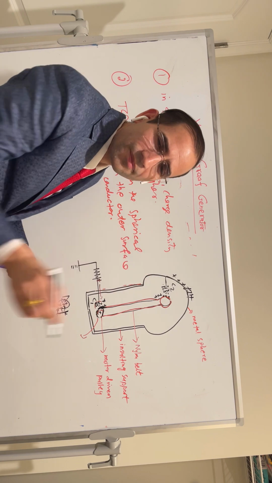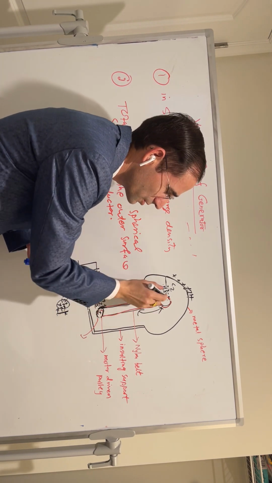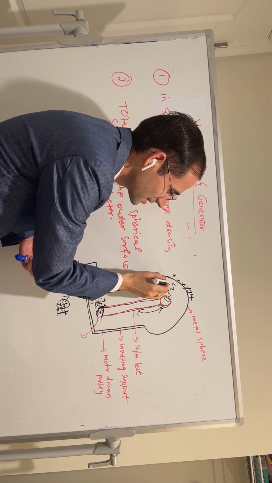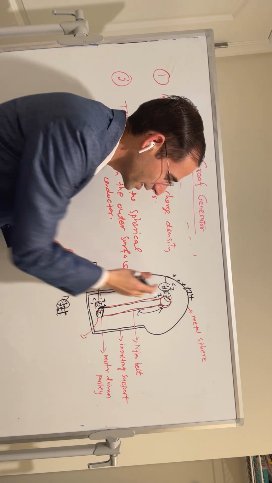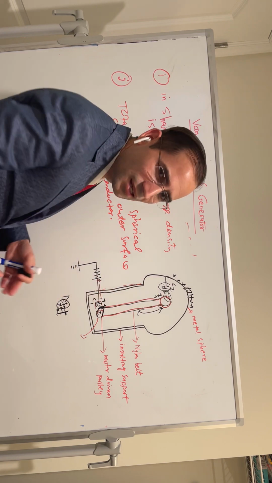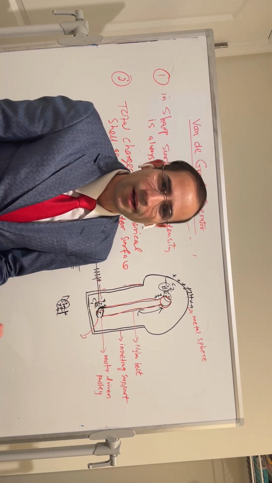Each turn, this part of the belt remains neutral, no charge, because the charge neutralized at this point. And the free charge, positive in my case, starts to accumulate on the surface, and the process continues on and on.